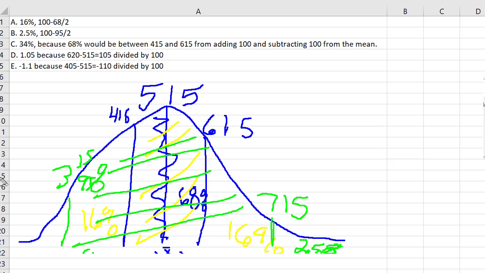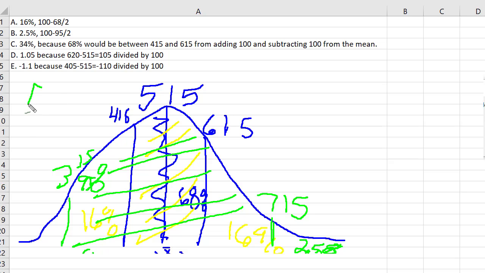So C says, what percentage of students have an SAT math score between 415 and 515? So the calculation for part C is what percentage of students have an SAT math score between 415 and 515. If this is the median, or mean rather, then we know that 50% of our data points are below it and 50% are above it for a normal distribution.